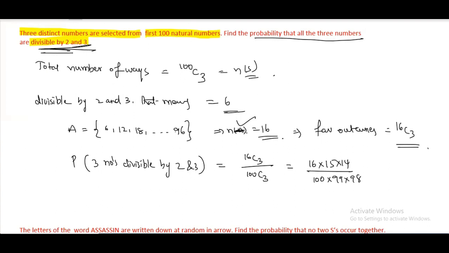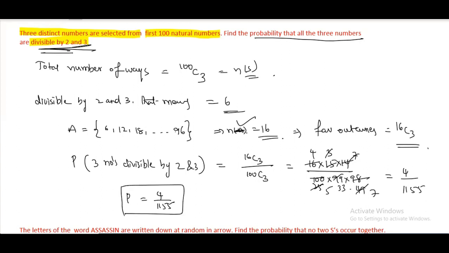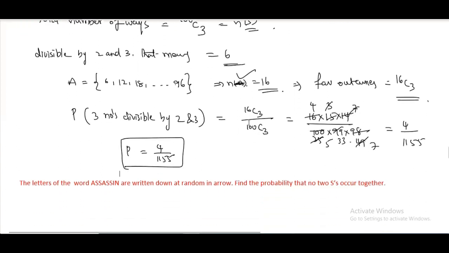So 4 fours are 4, 25s are 100, okay. 5 fives are 5, 3 ones are 3, 33s are 99, 2 sevens are 2, 49s are 98, and 7 ones are 7, 7 sevens are 7. So finally we get 4 by 1155. So probability of this one is 4 by 1155. So hope you understand clearly. So let's see the next question.